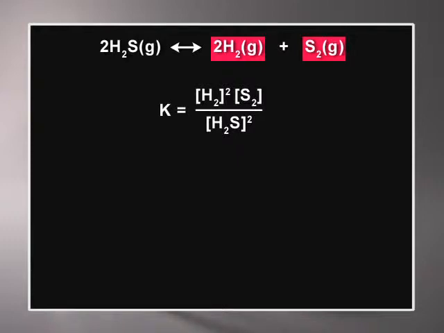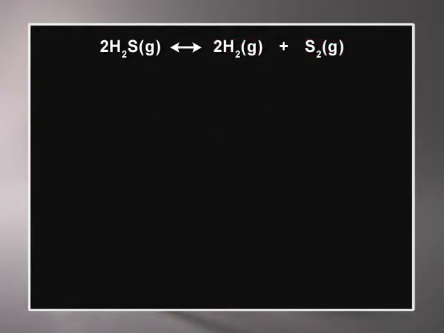So let's see what that means. If you decompose enough H2S to form 0.15 moles of sulfur, 0.15 moles per liter, at the same time, I will be forming twice as much hydrogen, or 0.30 moles of hydrogen. So now I know the equilibrium concentration of hydrogen.